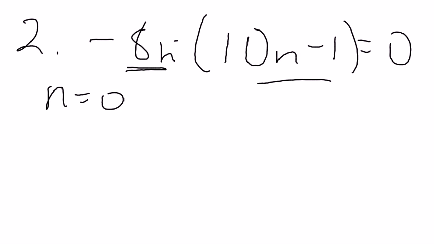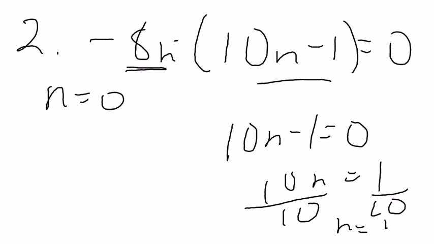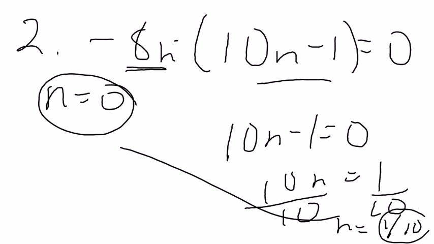Okay? What about this one? Could 10n minus 1 be equal to 0? Sure it can. Set it equal to 0, 10n equals 1, and divide both sides by 10, and you get n equals 1/10. Okay. So 0 or 1/10 are our answers, and so that is B.